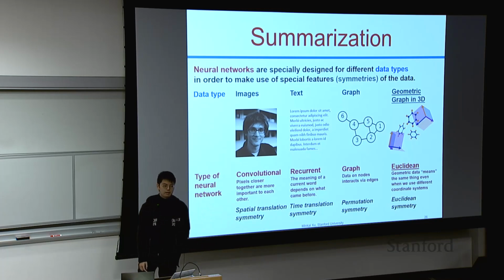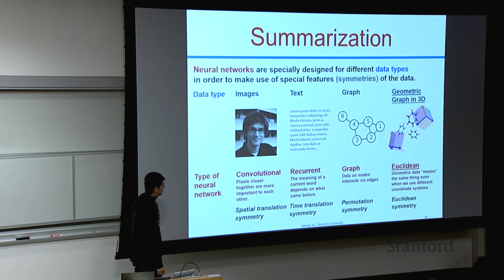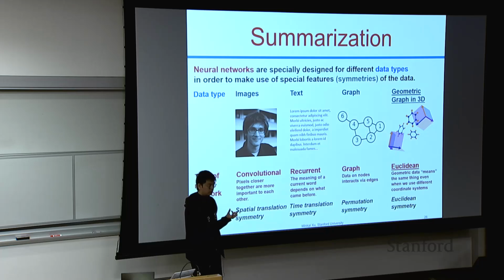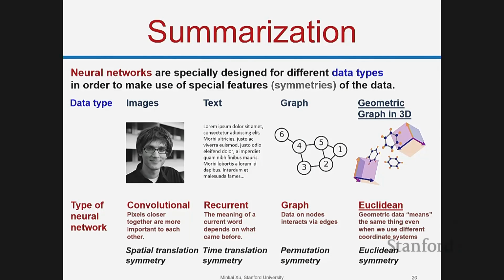We are also sometimes interested in prediction for every node. So for node level prediction, when we change the order of the input nodes, the output should change accordingly. This is called permutation equivariant. They should change in the same way.